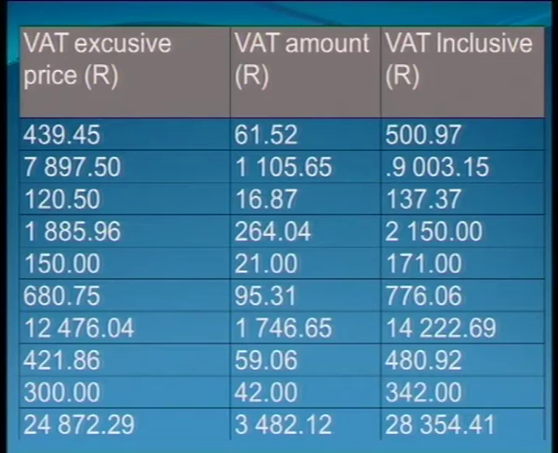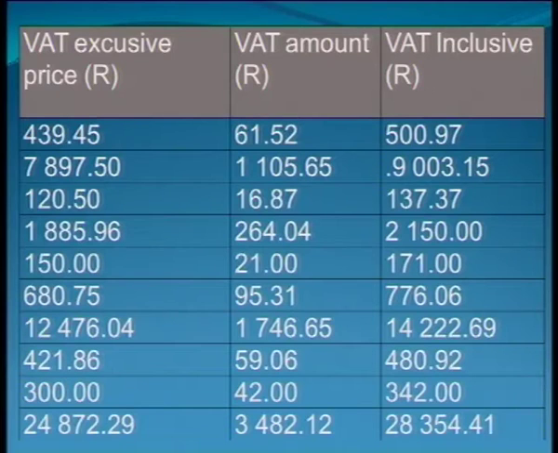The VAT is 14%. So if you say 14% times 439.45, you will get 61.52. Your total VAT inclusive is 439.45 plus 61.52, which will give you an amount inclusive of 501.